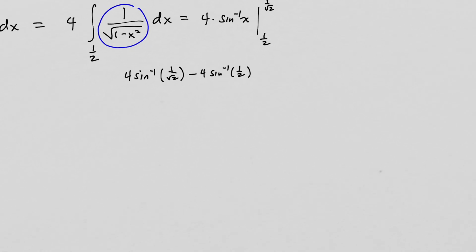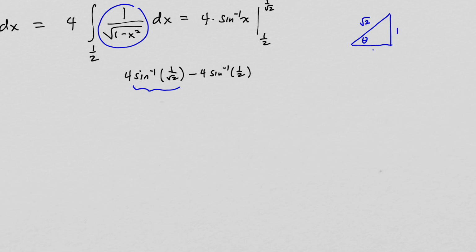And I know that inverse trig functions can be a little bit challenging, but when I see the inverse sine of 1 over radical 2, think about a triangle, and think about you have some angle theta, and you know that sine of an angle is the opposite divided by the hypotenuse. So this would have to be 1, and this would be radical 2.